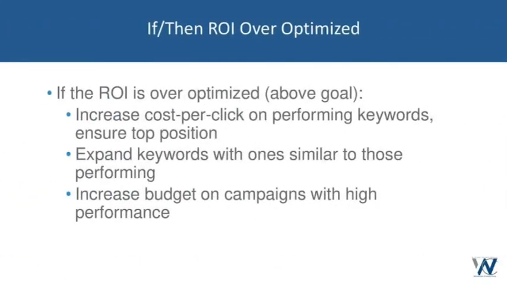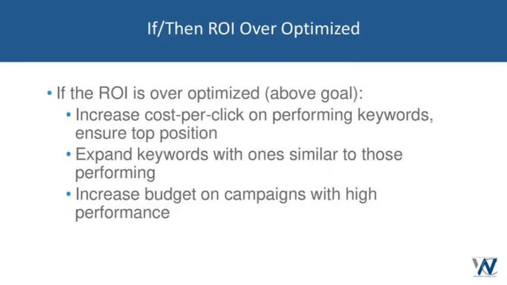If we have something like an ROI that's over-optimized, and what I mean by over-optimized ROI is, if your profitability needs the ROI to be 100%, and you're at 1,000%, that means you're over-optimized, and you could probably spend more money and get more, and maybe bring that down to an acceptable rate of 100%, but you could be doing 100 more transactions.